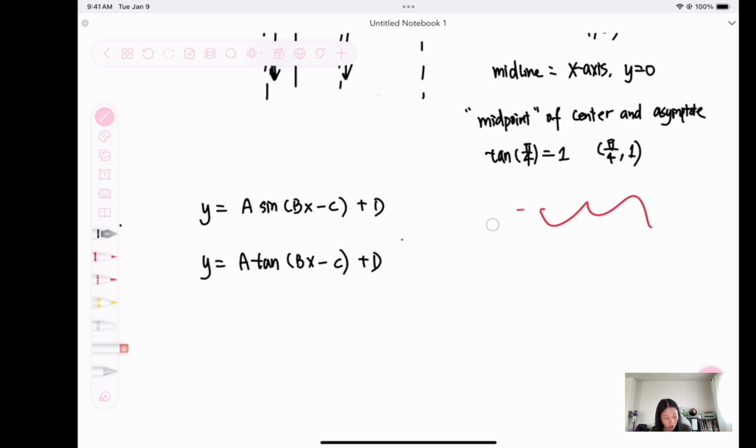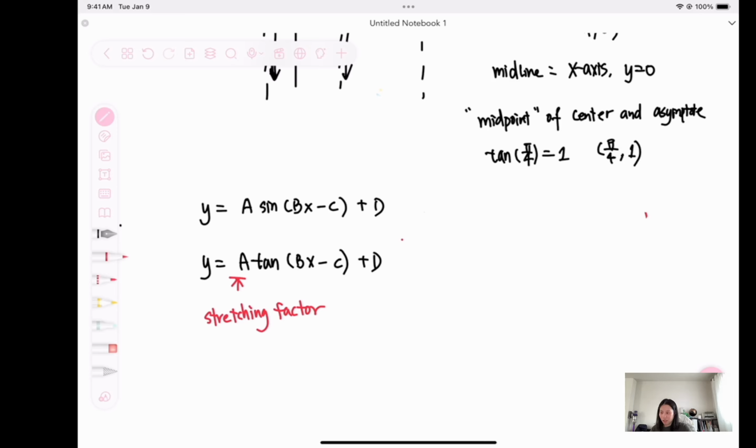Anyway, amplitude only works for sinusoidal functions. Amplitude is the distance from the maximum point to the midpoint. But for our A, we give it another name. It's called the stretch factor or stretching factor. I'm going to explain more of this later.